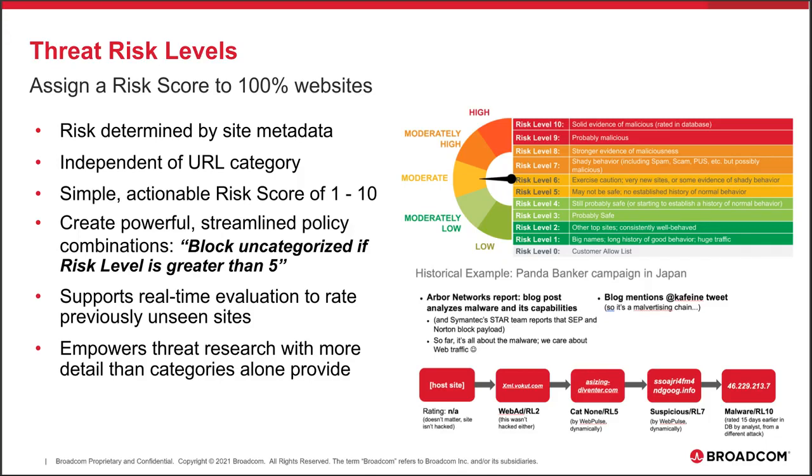It's usually a variety of different things. Because we look at those, we have the unique ability to give you a risk level even if the site doesn't load or doesn't resolve. In fact, we can assign a risk score to every single website you could ever come across, which is a huge advantage for people looking to get defined policy.